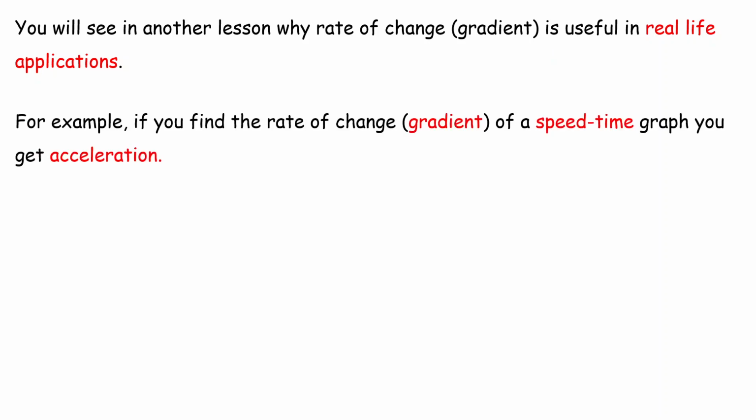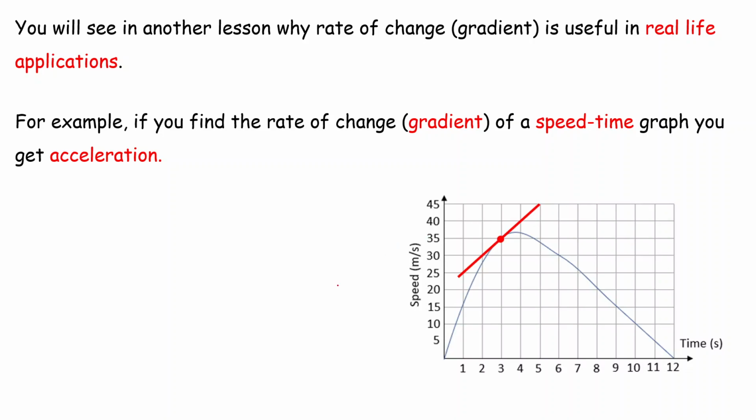Okay, so some applications, for example, if you find the rate of change, or the gradient, of a speed time graph, so this here, let's go and highlight so we can see what's going on. This is a speed against time graph. If you find the gradient of a speed time graph, you get acceleration. I'm not going to go into why for the time being. It's to do with the units, but just know that in context, rates of change are really useful.